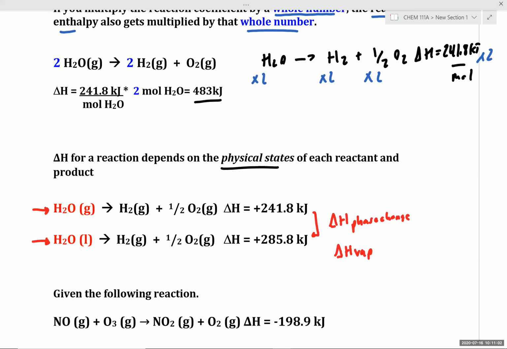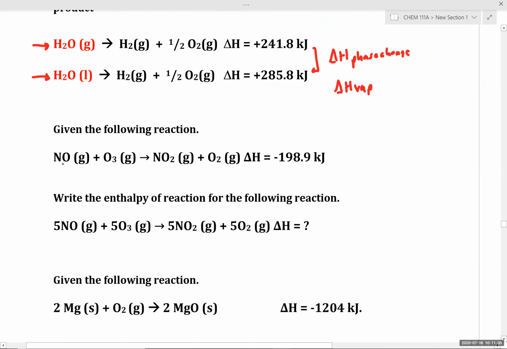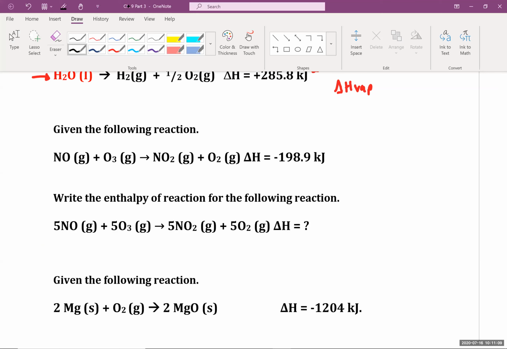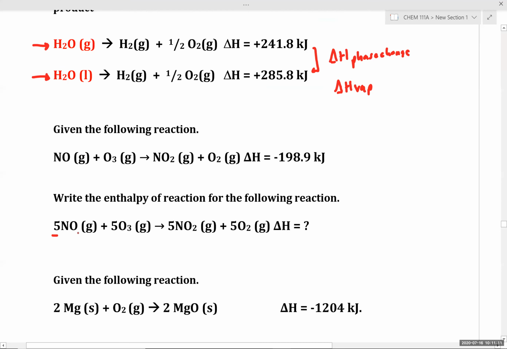So let's do an example. If we're given the following reaction, we're asked to write the enthalpy for this new reaction below. As we can see from this new reaction, all of our coefficients were multiplied by 5. Ergo, our enthalpy will be our original enthalpy times 5.